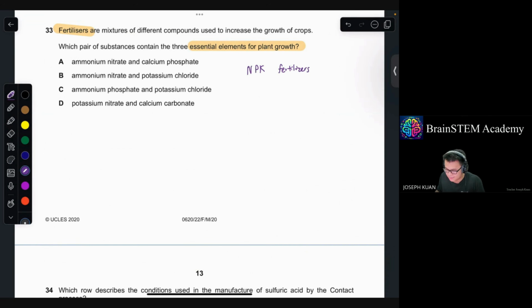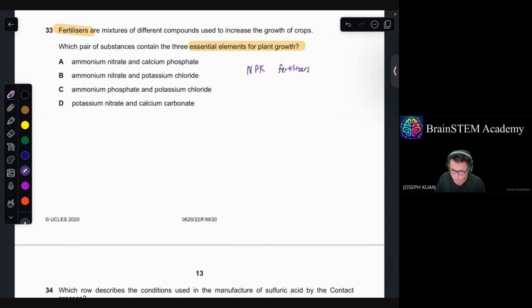Right? N stands for nitrogen, P stands for phosphorus, and K stands for potassium. So all you need to do is just check from the answers, which of the answers have all three elements?